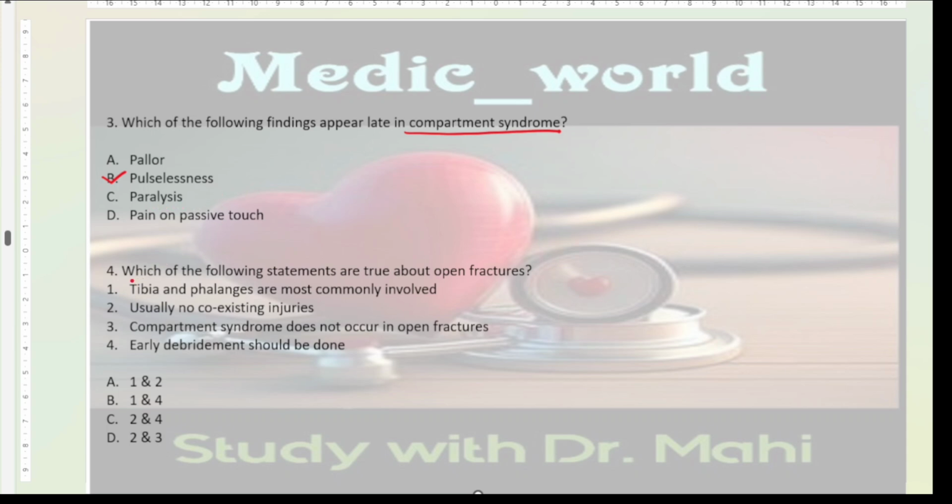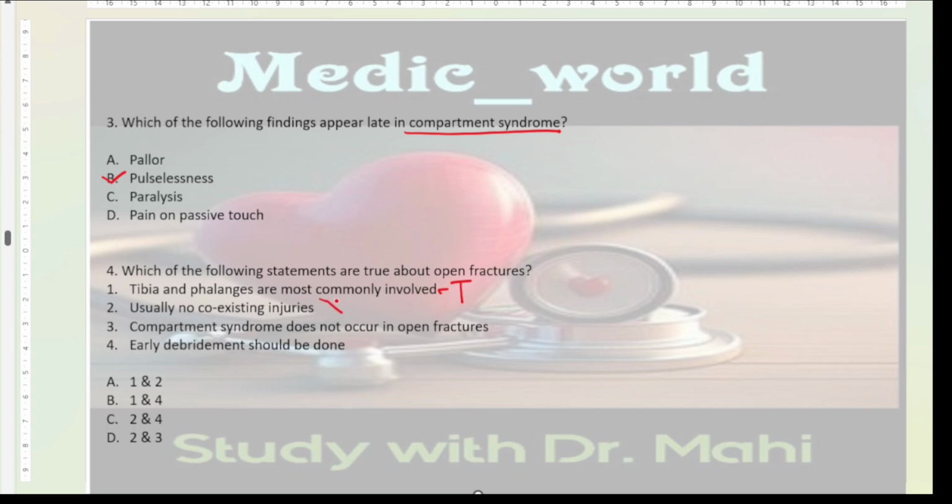Now, the next question, which of the following statements are true about open fractures? Let's read the statements. Tibia and phalanges are most commonly involved. It is a true statement. Usually, no coexisting injuries.